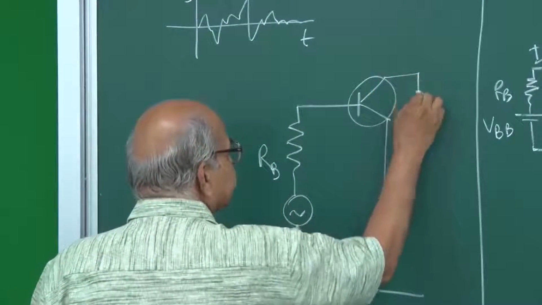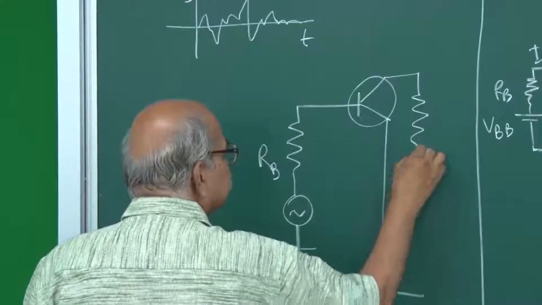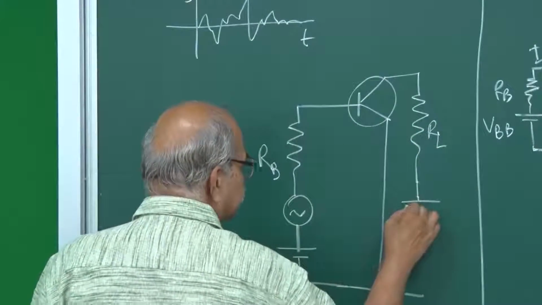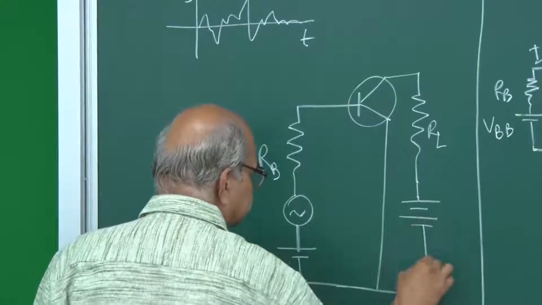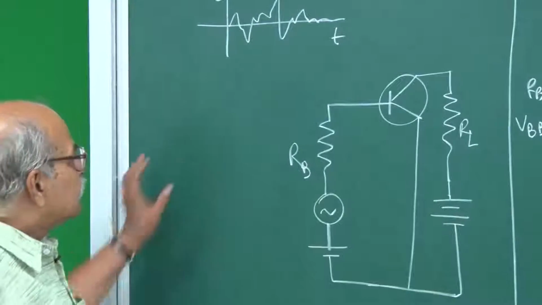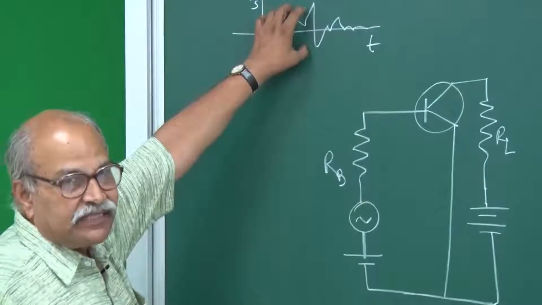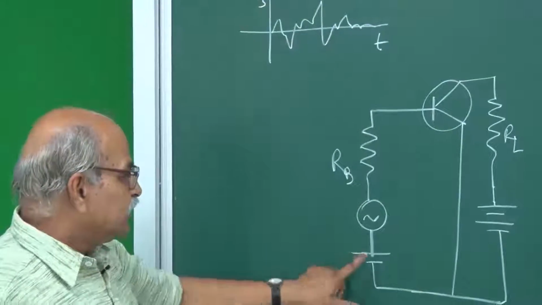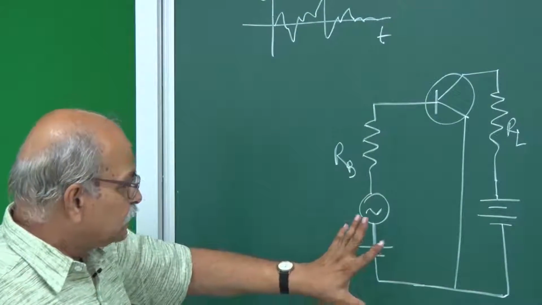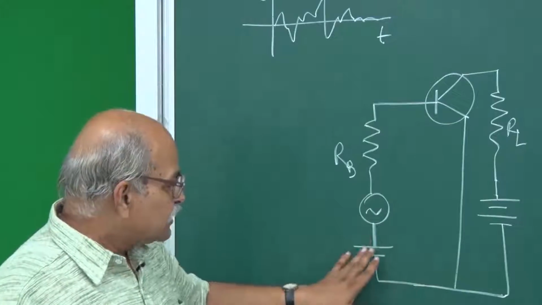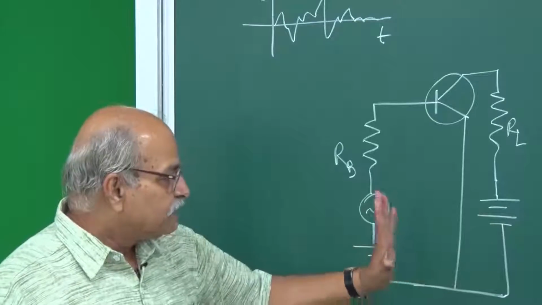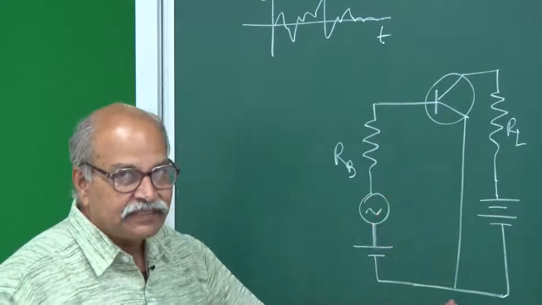And this side is same. And this signal is supposed to be small, right? This biasing voltage is there, and you have chosen this biasing voltage here and here in such a way that you are well in the active region.